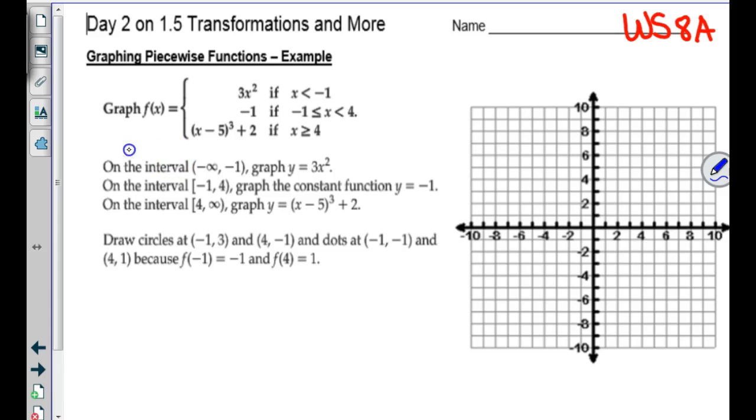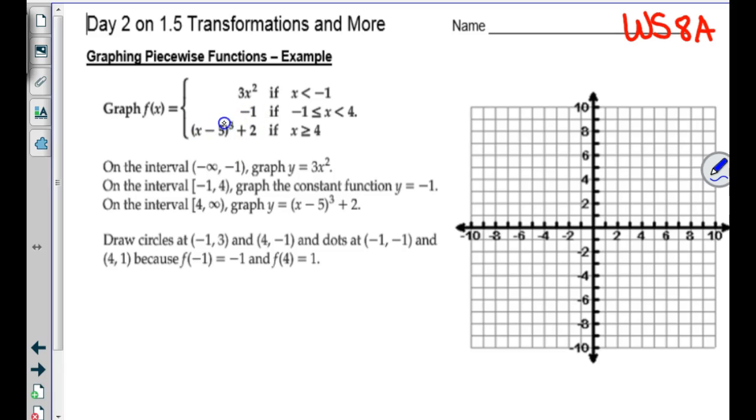So graphing piecewise functions, this is a hot mess. We are supposed to graph what shapes here? Anybody know this first one? 3x squared is a parabola, right? Negative 1, y equals negative 1 would be, yeah, horizontal line, a constant function.